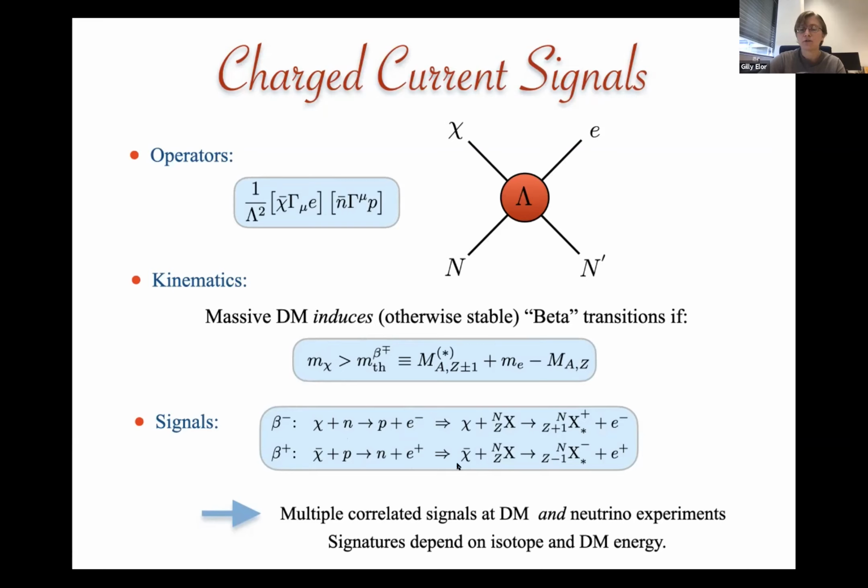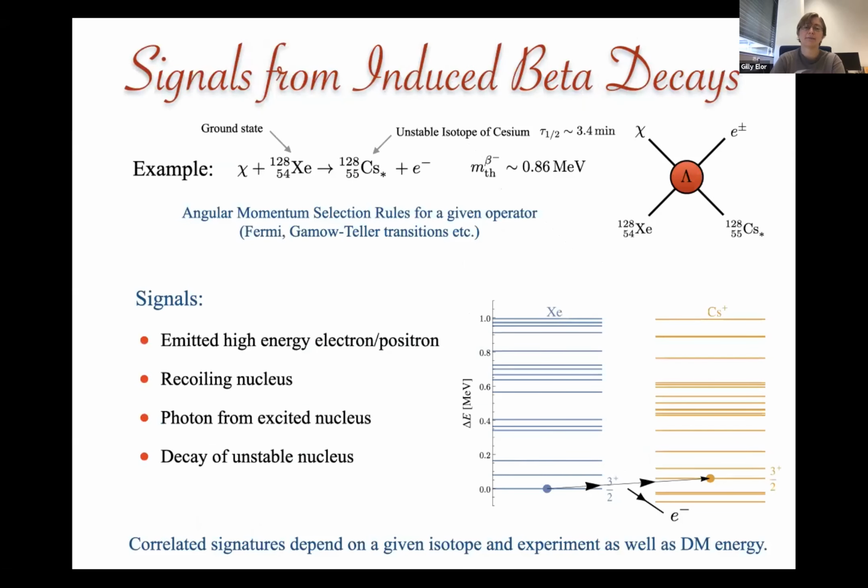And these signals are very rich because they actually have multiple correlated signals that can be searched for, and they really depend on the different isotopes. So let me give you an example of that. Consider dark matter coming in and getting absorbed by a xenon-128 target in one of the xenon experiments.